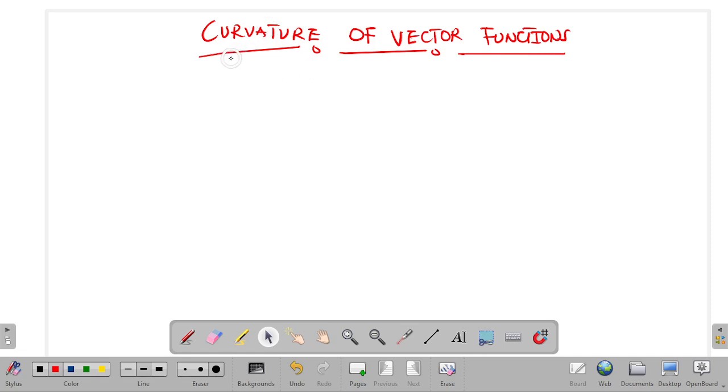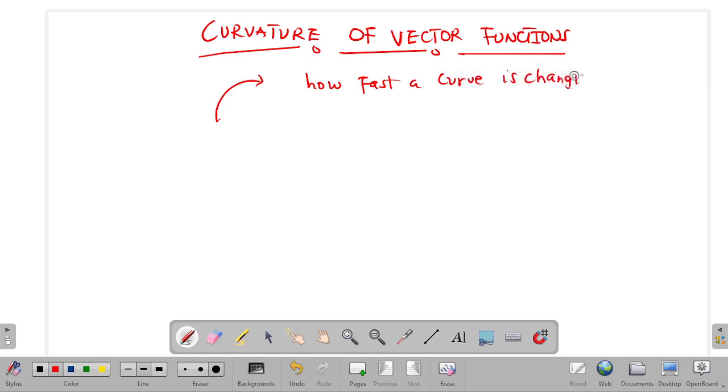So with curvature, when you're talking about a curve, you're looking at something which is curving, right? Curvature is simply how fast a curve is changing direction at a given point. So I'll say how fast a certain curve in space is changing direction.